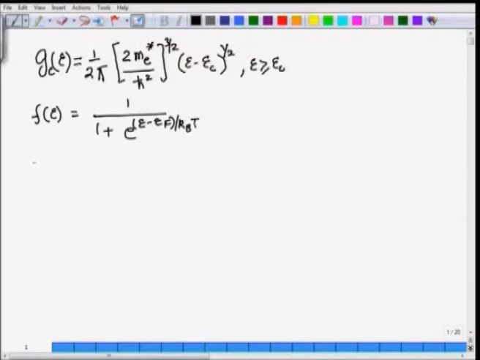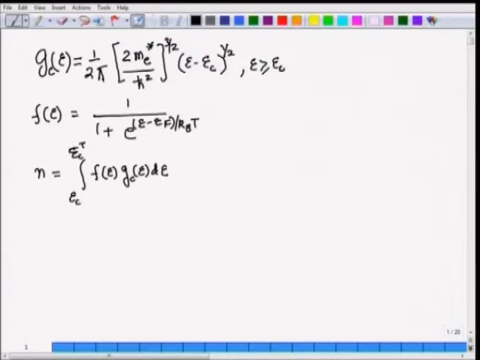Then n is equal to the integral from Ec to Ec top of f of E times gC of E dE, and this is what we are going to derive.